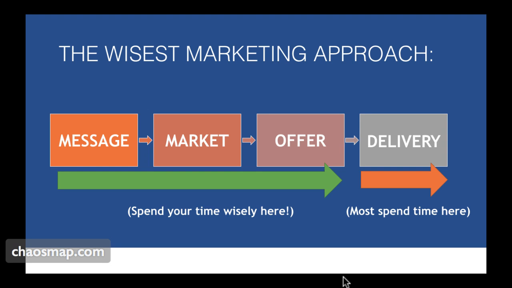Marketing at this level is simple, but it's not easy, right? So make sure that you spend your time wisely. Message, market, and offer, spend more time on those than the actual delivery. And actually, let me rephrase this. Delivery, what I meant to say is, yes, there's a delivery notion of the physical aspect and the virtual, but the delivery as in presenting this information. So let's say that you are running Facebook ads, right?